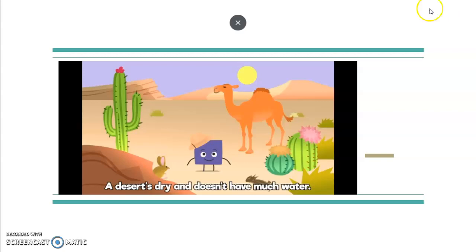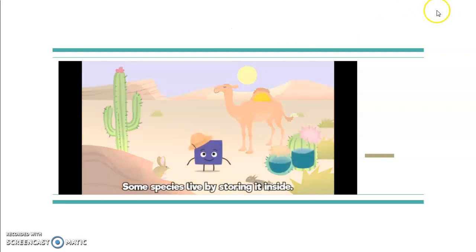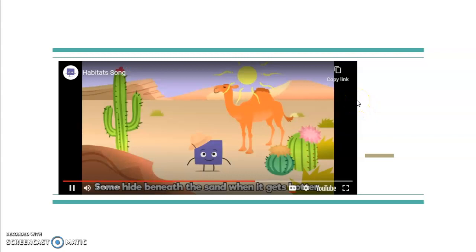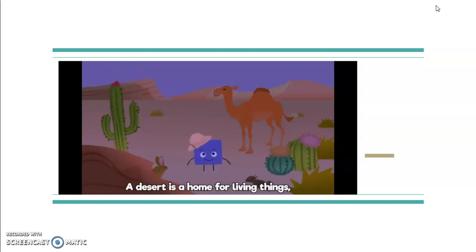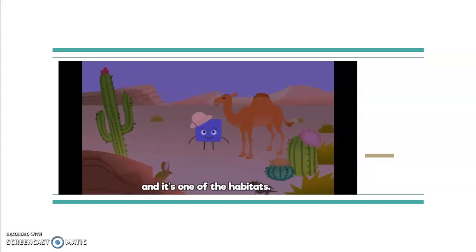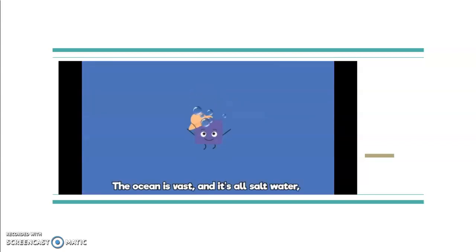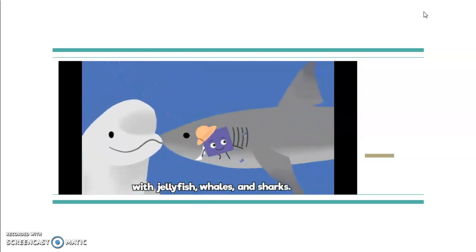A desert's dry and doesn't have much water. Some species live by storing it inside. Some hide beneath the sand when it gets hotter, and come out in the open when it's night. A desert is a home for living things, and it's one of the habitats. The ocean is vast and it's all salt water, with jellyfish, whales, and sharks.